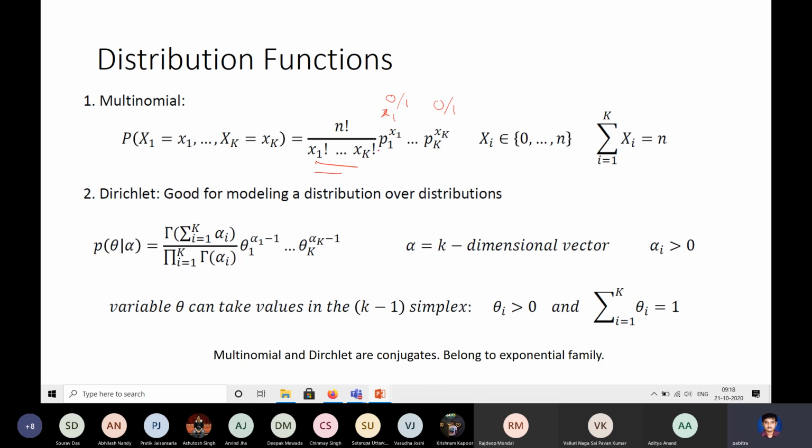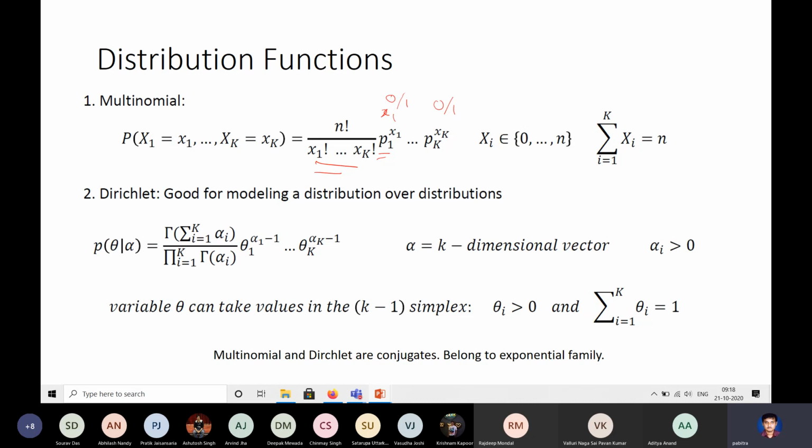Since only one outcome will come, if you look at x1, x2, to xk, one of them will be 1 and the rest will be 0. And these are the parameters of the multinomial, p1, p2 to pk. This is what the 0.2, 0.1 that we wrote about, and they add up to 1, as I have told. So this p is the p vector inside this simplex.